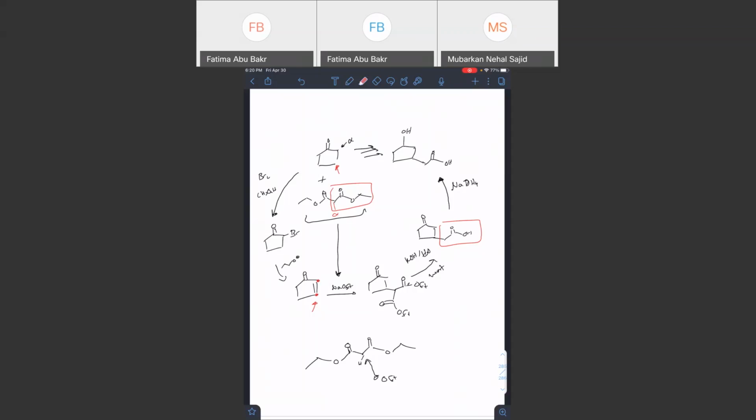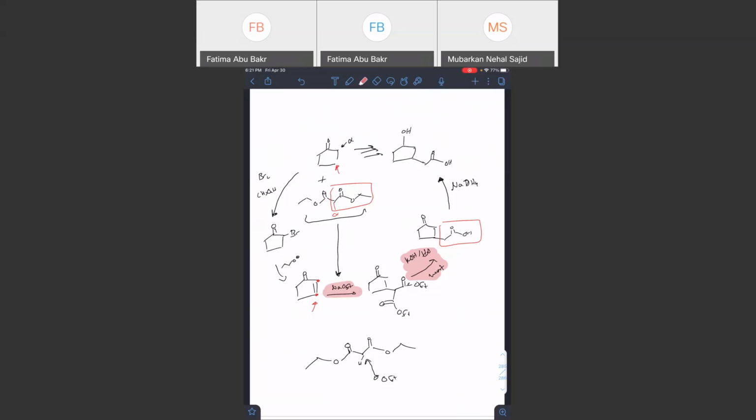I think the hardest steps to recognize in this retrosynthesis are this one, where we can remove one of the esters and then turn the other ester into an acid. That's a really important step that will be hard to overlook. Another one is this step here, because usually when we think of an alpha hydrogen attacking something, we don't necessarily think of it attacking a double bond, but it can.